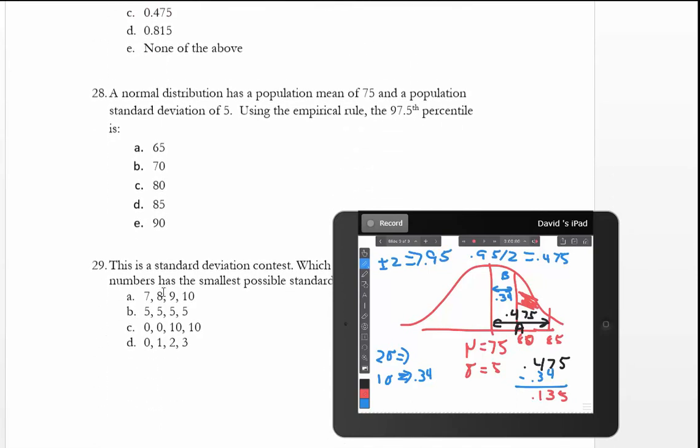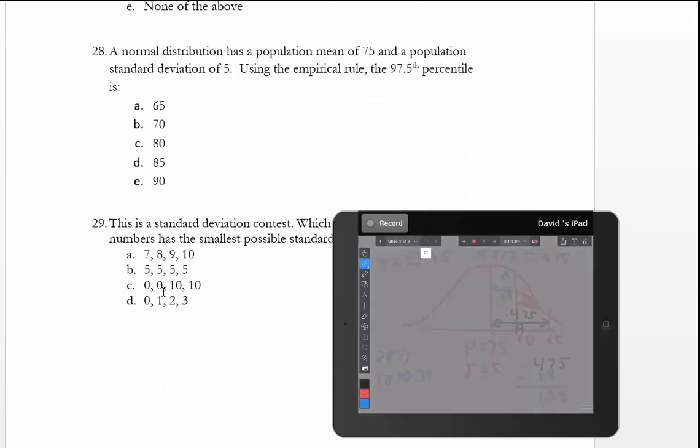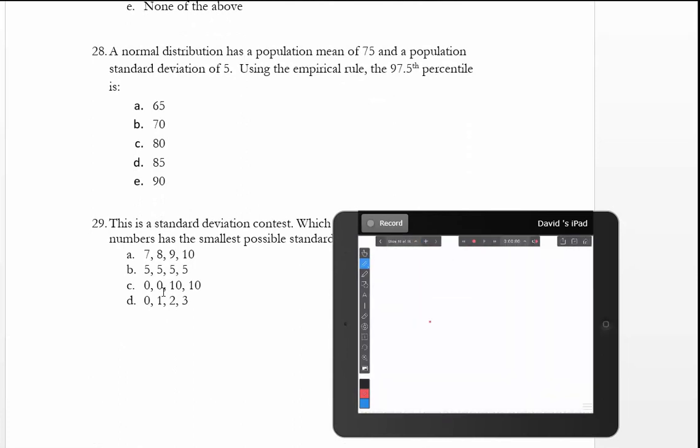And let's see, the next one says the 97.5th percentile. So let me redraw this all out. We have a mean of 75 and a standard deviation of 5. Well, we're looking for the 97.5th, 0.975 or 97.5th percentile. We're looking for the score, or the x that's at that point. Well, from the mean down is 0.5.